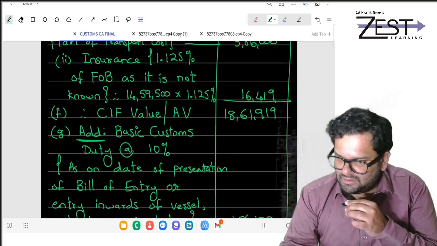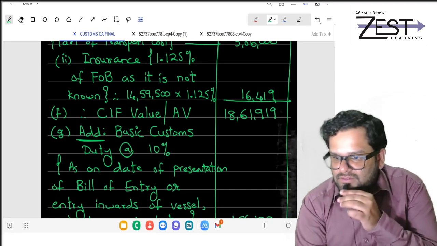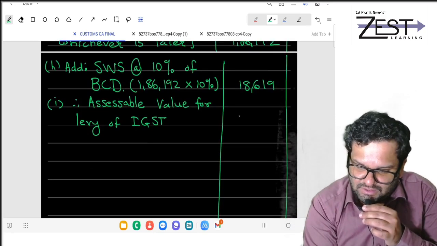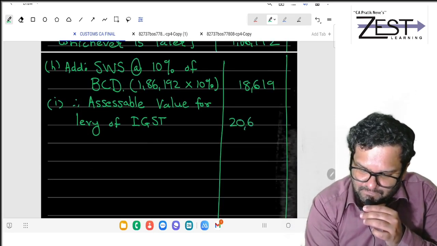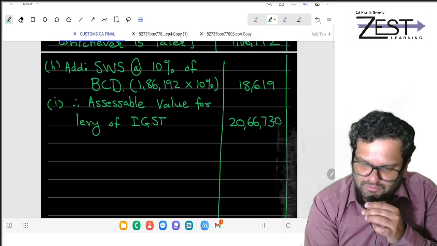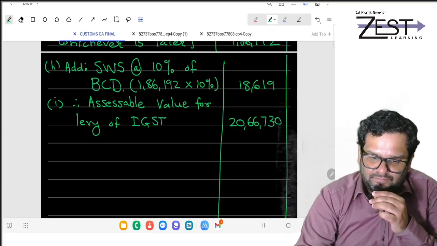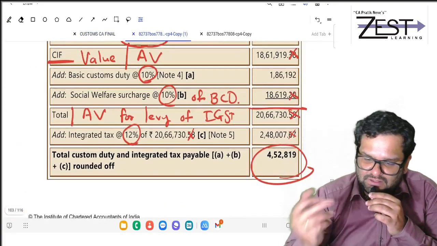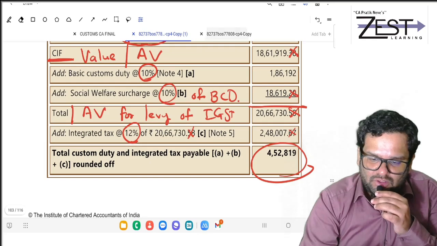Are you getting 20 lakh 66,730? Okay, no problem, Ashima. Yes, you have got that.